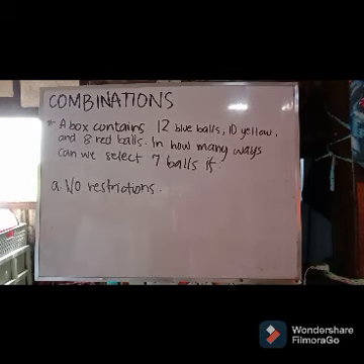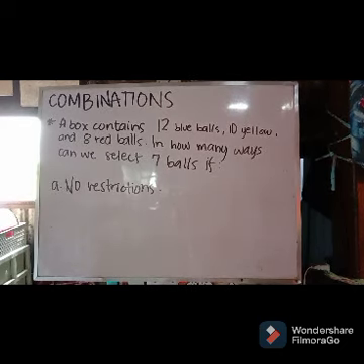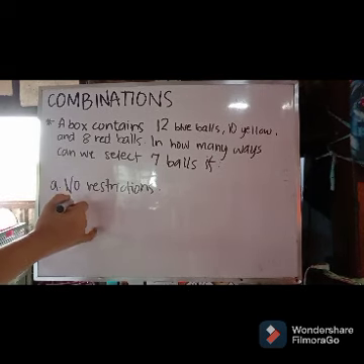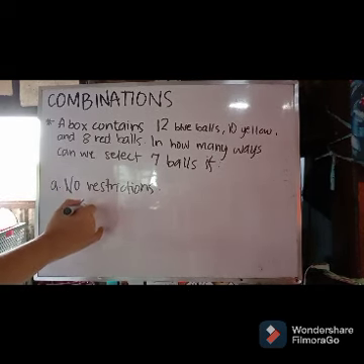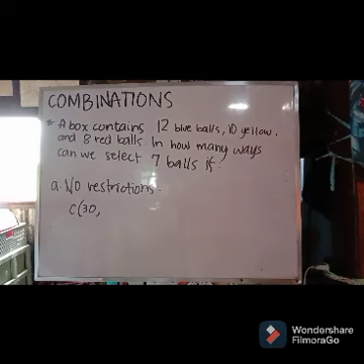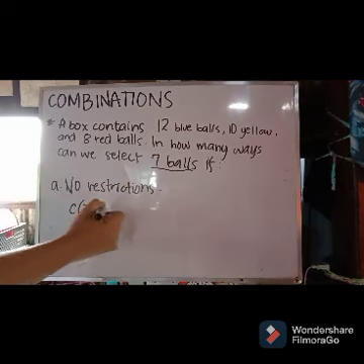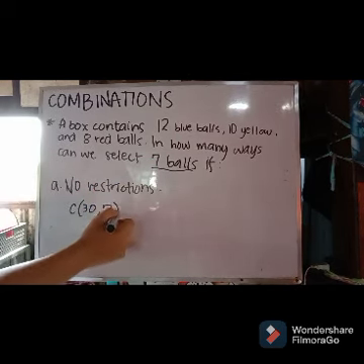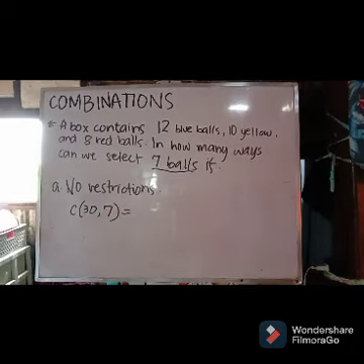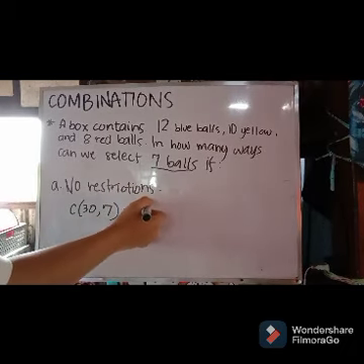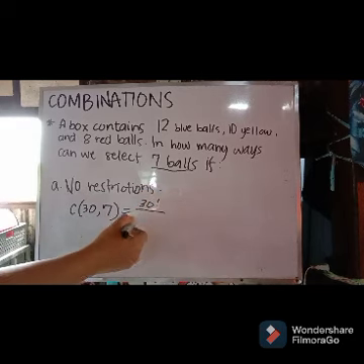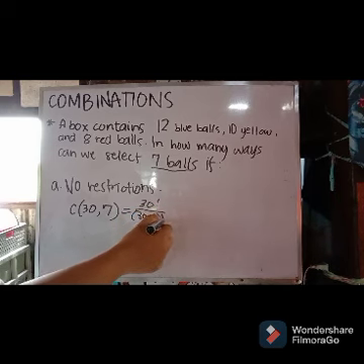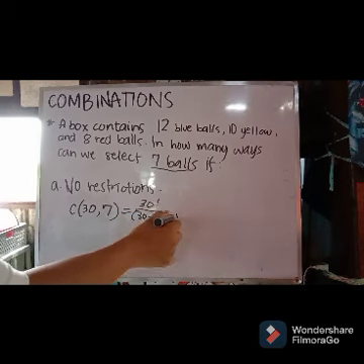Now, the sum of all the balls is 30. So 12 plus 10 plus 8 is 30, because there is no restriction. So we choose the combination of 30 taken 7 balls. So combination of 30 taken 7 is equal to 30 factorial divided by the quantity 30 minus 7 factorial, multiplied by 7 factorial.